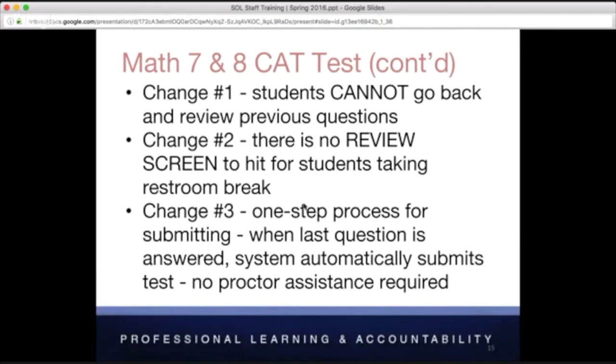Once the student answers the very last question of the test, the system will automatically submit their test and no proctor assistance is needed. So you will not see those regular screens at the end of the math test. You will see those regular screens on the other subjects tests.